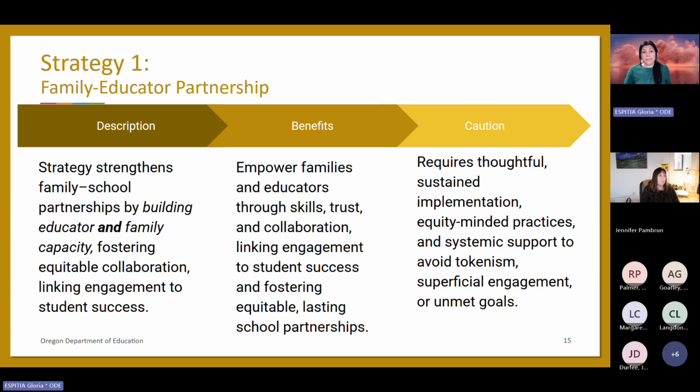This approach is meant to strengthen both the educators and the families by building skills, trust, and mutual confidence. It fosters authentic relationships and helps lead to more informed and culturally responsive instructional choices, linking family engagement directly to student learning.